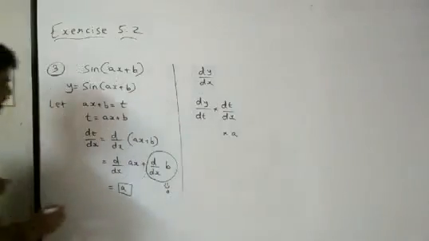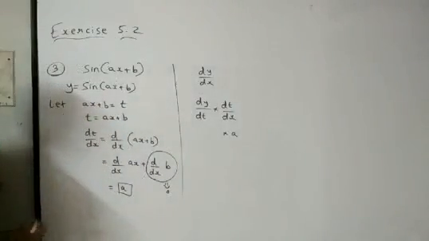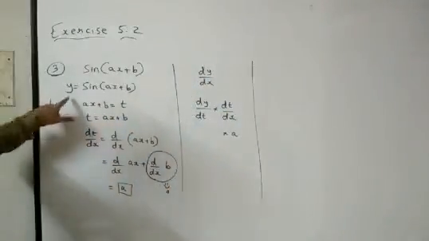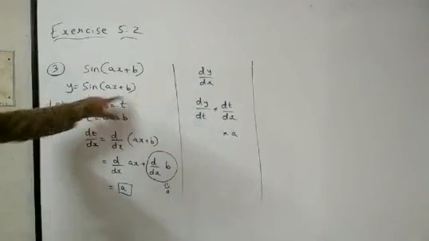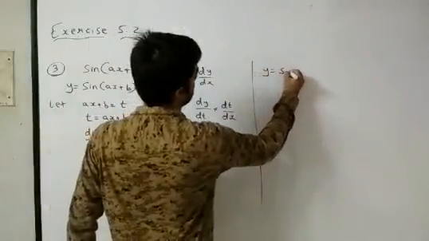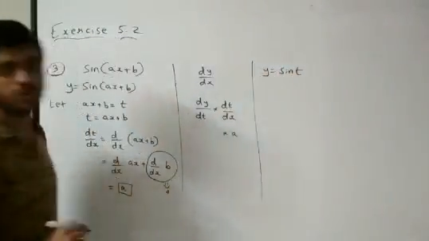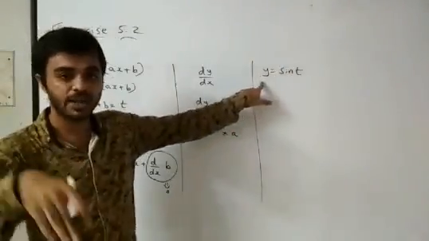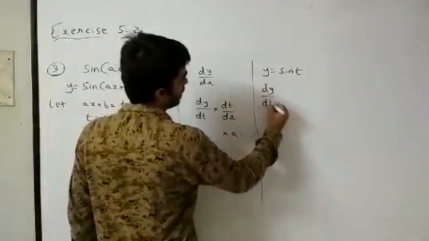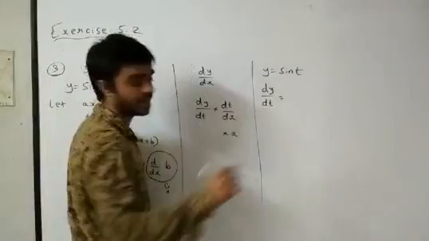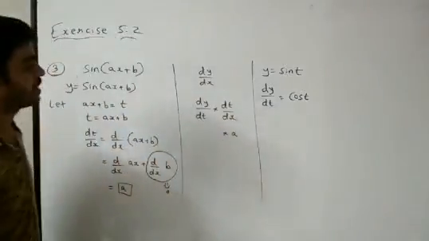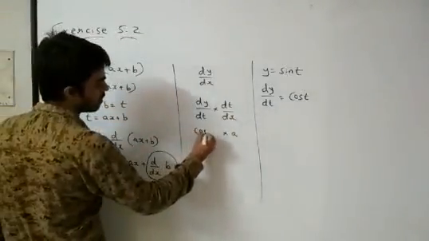Now we want to find dy by dt. How are we going to find dy by dt? For y we have sin t, because ax plus b is equal to t. So y is equal to sin t, and we want the derivative of y with respect to t. So dy by dt is equal to the derivative of sin, that is cos, so cos t.